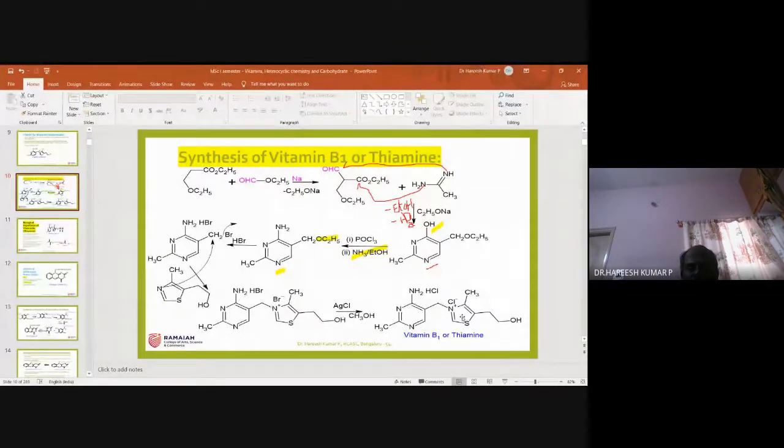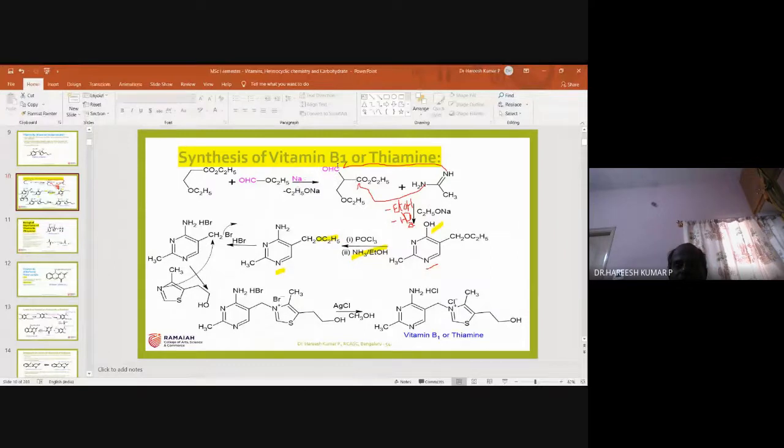Let me repeat how the synthesis takes place. We start with two molecules. One is 3-ethoxy ethyl propionate, which is treated with ethyl formate in the presence of sodium to give a 1,3-dicarbonyl compound.